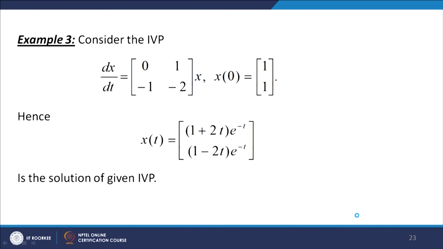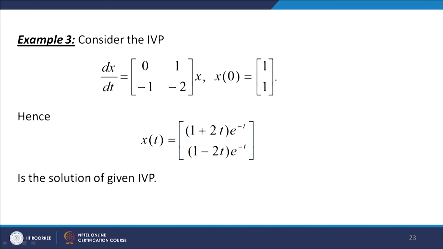Now, here what I have done is I have taken the initial value problem, the same vector differential equation as in the case of example 2, dx by dt equal to the matrix (0 1; minus 1 2) times x. Only what I have done is I have given the initial condition, that is at t equal to 0, x is the vector (1, 1).